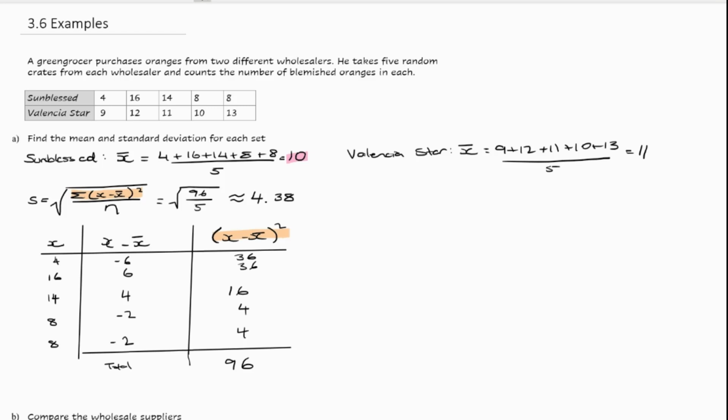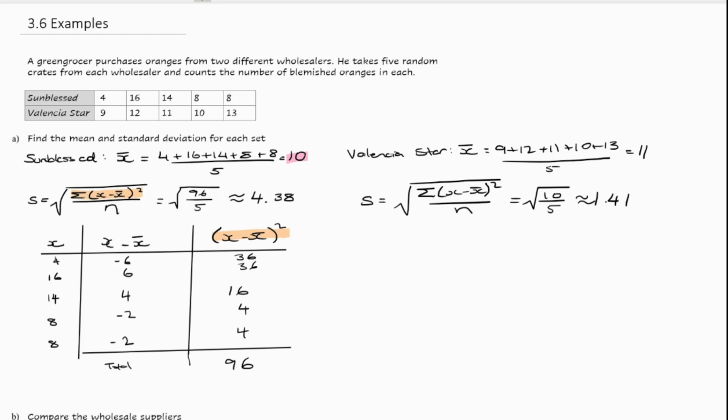I'm going to skip this table and go straight to writing out my standard deviation: the sum of x take away x bar squared over n, which is equal to root 10 over 5, approximately 1.41. So this is my standard deviation for Valencia star.